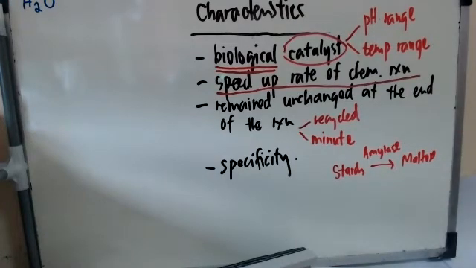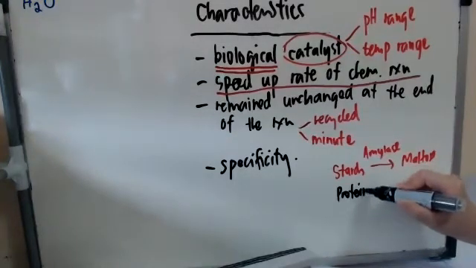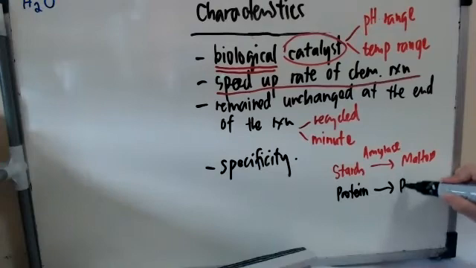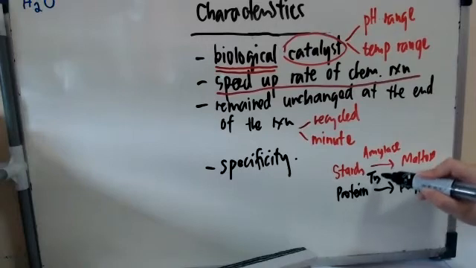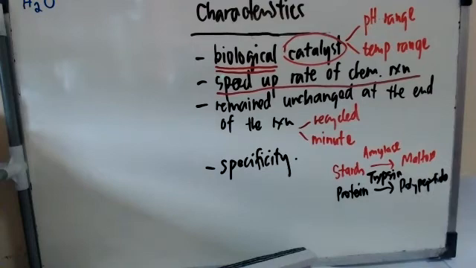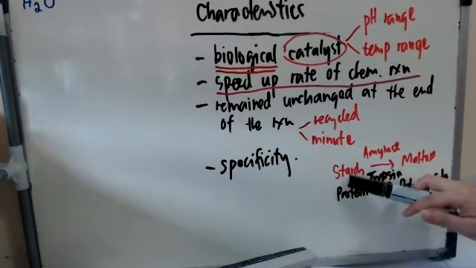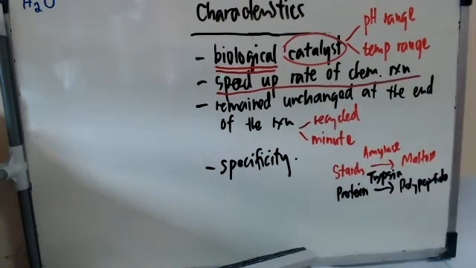Amylase cannot do other jobs like breaking down protein into polypeptide. That is the job of maybe trypsin. So in this case, amylase can break down starch. Amylase cannot break down protein. Trypsin can break down protein, but trypsin cannot break down starch. They are very specific.